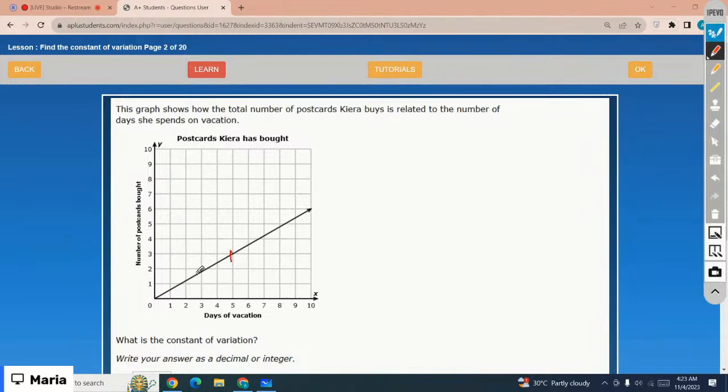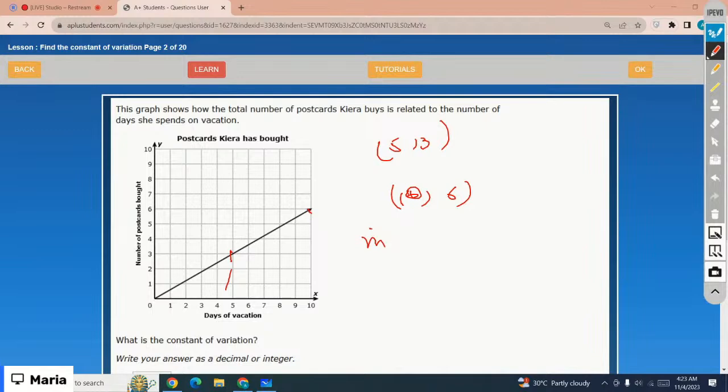Okay, x is 5, y is 3. x is 10 and y is 6.